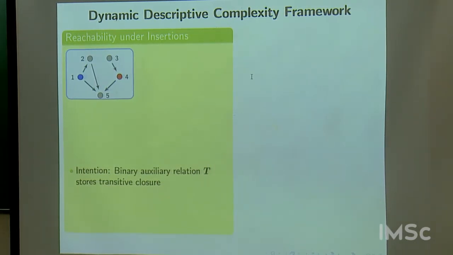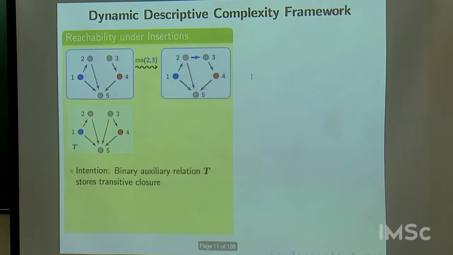So here you maintain a binary auxiliary relation T that stores the transitive closure, for each pair of vertices. So I mean, you maintain the transitive closure. And so this is the transitive closure here. The edge 3, 5, which was missing in the original graph, is present because there's a path from 3 to 5.